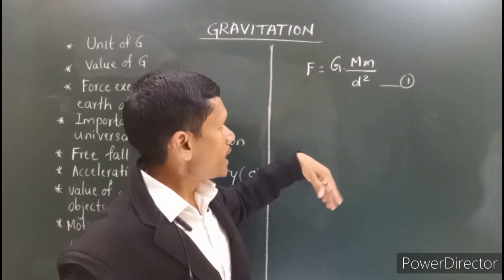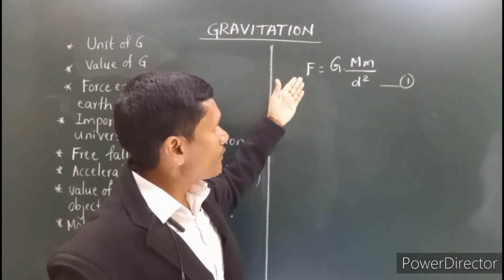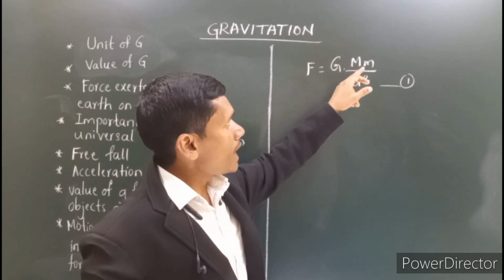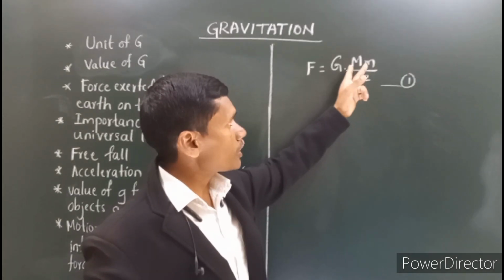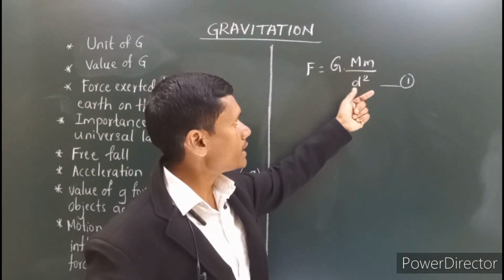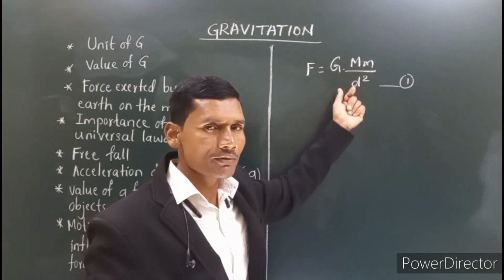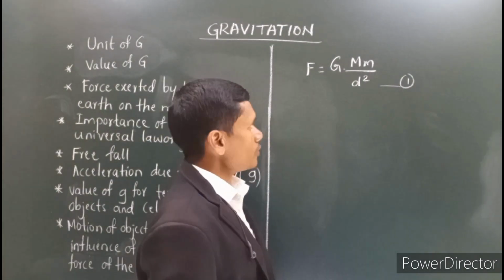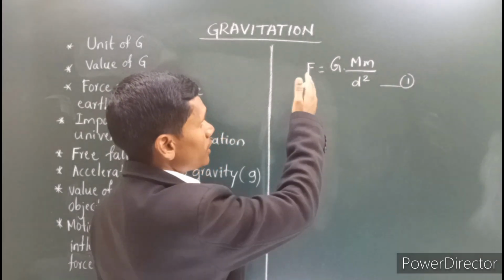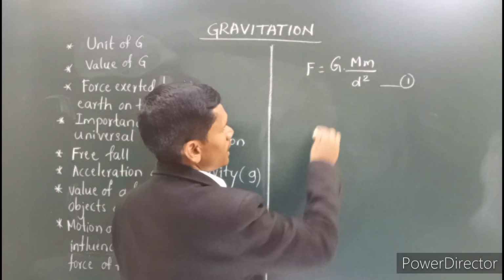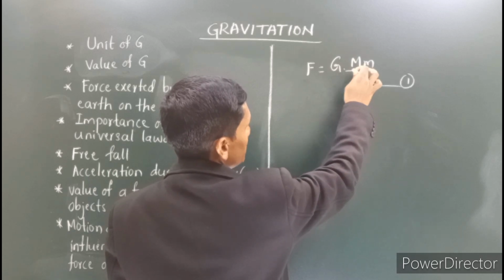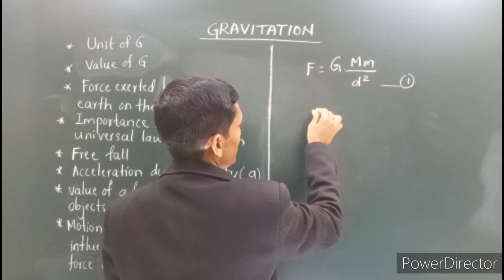As we already stated, the force exerted on any body by the earth is directly proportional to the product of the masses of the two objects and inversely proportional to the square of the distance between them, as we know already. Now, let us find out the unit of this G. In order to separate G, keep G here and bring the other factors to this side.